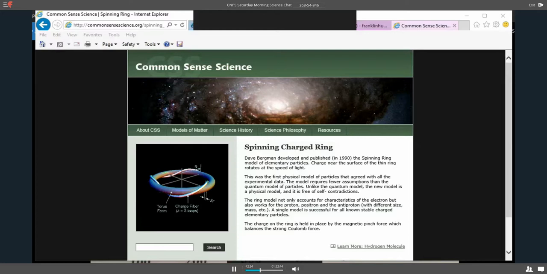And if you were to look at the current theory of elementary particles called the Standard Model, which is a string theory type model, it has, depending upon which version you look at, between 19 and 29 adjustable constants, which represent currently unknown physics.